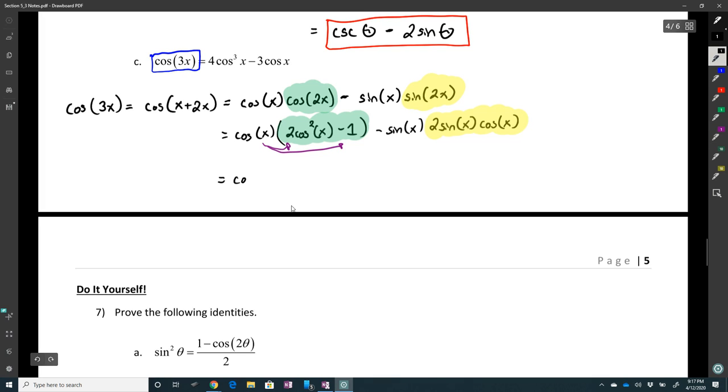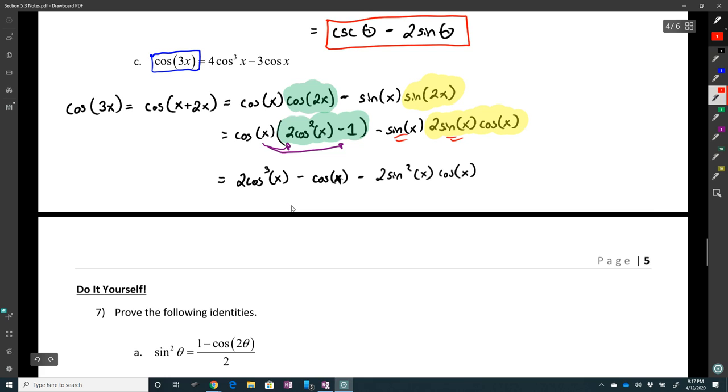I have cosine of x times 2 cosine squared x minus 1, so 2 cosine cubed x minus cosine x. And then here, notice there's sine and sine. So that's minus 2 sine squared x cosine x.